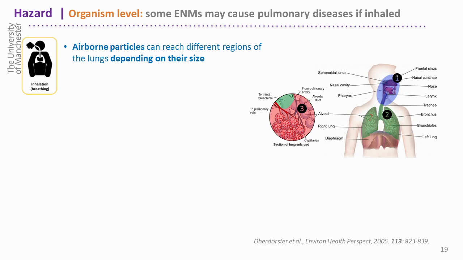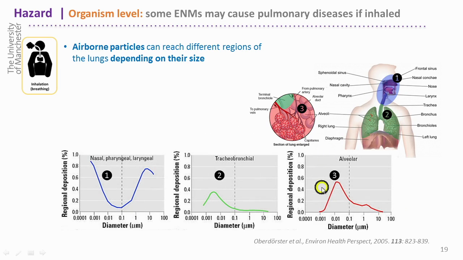So all the particles that are larger than 2.5 micron will be blocked in there. Then, the PM 2.5 that I mentioned before will go to the trachea and to the alveoli of your lungs. So you can see that the nanoparticles, depending on their size, will get filtered and will accumulate in different parts of the body.